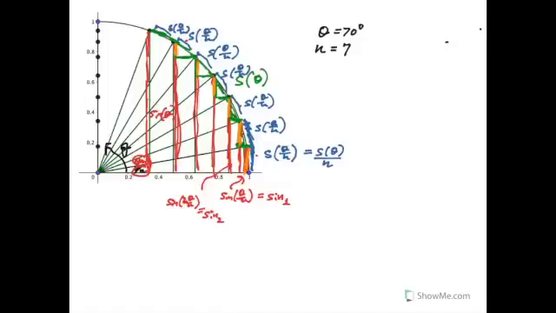So here comes a new notation for us. The difference between sine 1 and sine 0, we're going to call that delta sine 1. And the difference between sine 2 and sine 1 we'll call delta sine 2, and this pattern will continue for this notation.